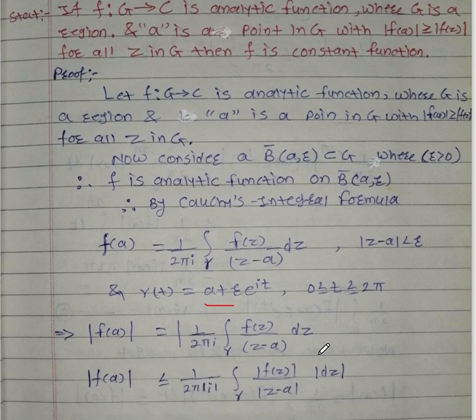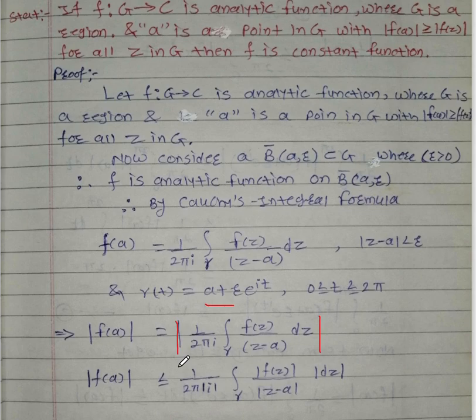Taking the modulus on both sides, we get mod of f of a equals mod of 1 upon 2 pi i, integral over gamma of f of z upon z minus a dz, the whole modulus.